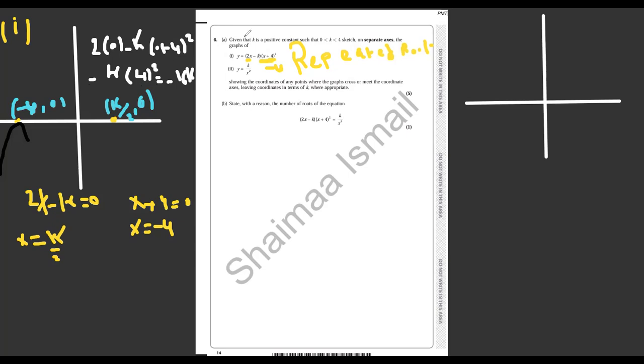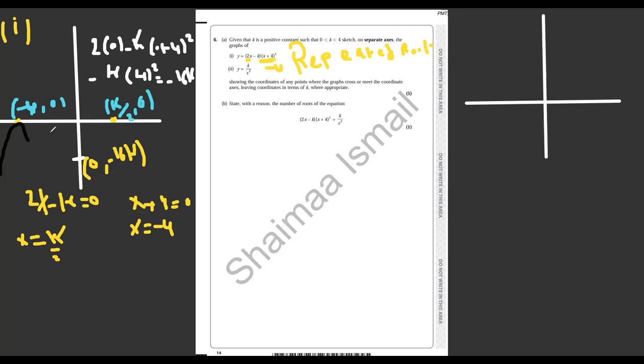So here in the negative side we have to mark the y-intercept, which will be 0 on the x-axis and negative 16k on the y-axis.